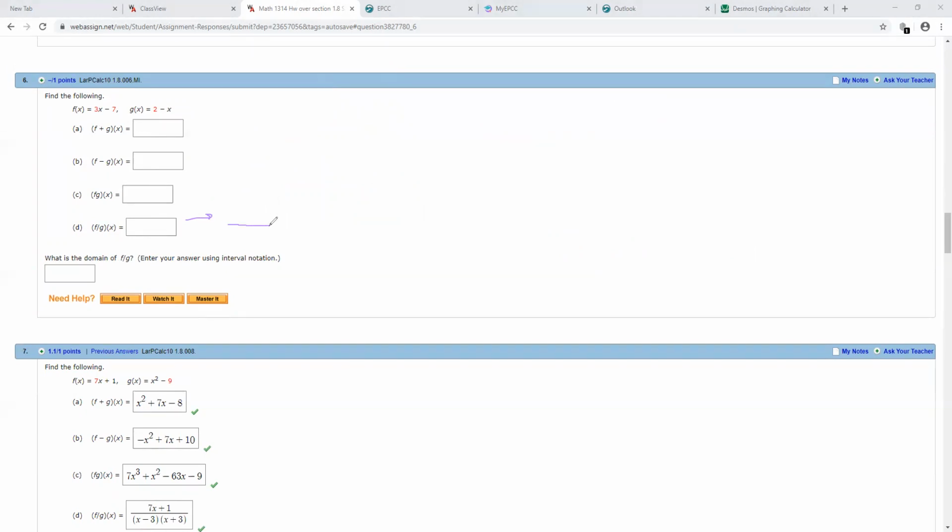We just write a fraction bar. And what goes in the numerator? 3x minus 7. And the denominator? 2 minus x. This is x to the first power, x to the first power.